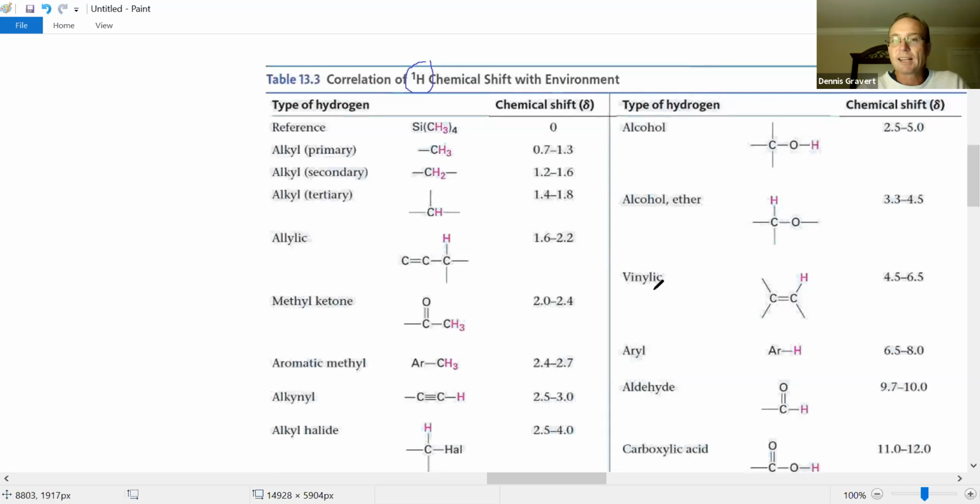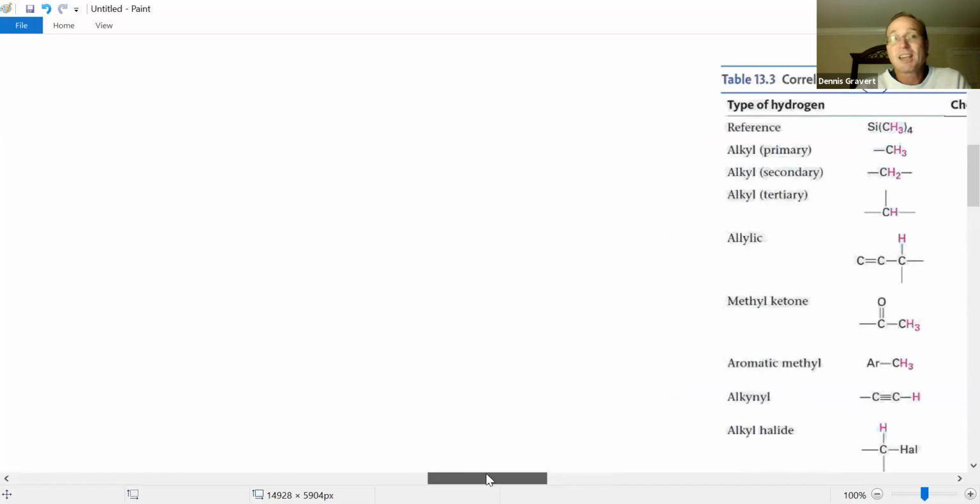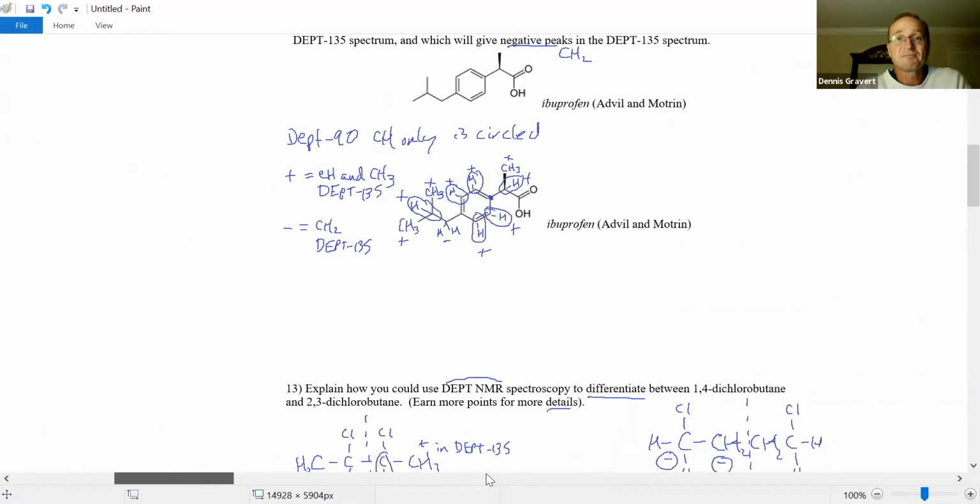It's called a vinylic hydrogen. Hydrogens on the double bonded carbon show up between 4.5 and 6.5. That's way downfield. The alkanes are right in here, no higher than 1.8 on average. Remember, don't put a whole lot of confidence in the correlation table, but this is pretty good data. 4.5 to 6 is very different from these numbers that are way upfield. So that might be enough. I think it is.